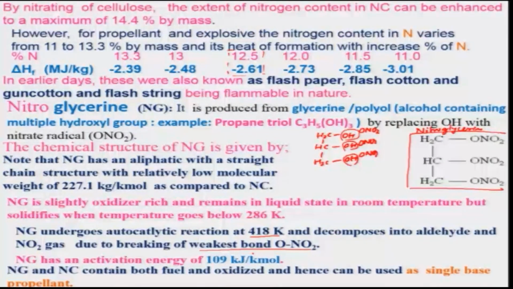That is why not only nitroglycerin but also nitrocellulose can be used as a single base propellant, because nitrocellulose contains both fuel and oxidizer together in the same molecule. Therefore it can be used as a single base propellant, and also these can be mixed together and used as a double base propellant.